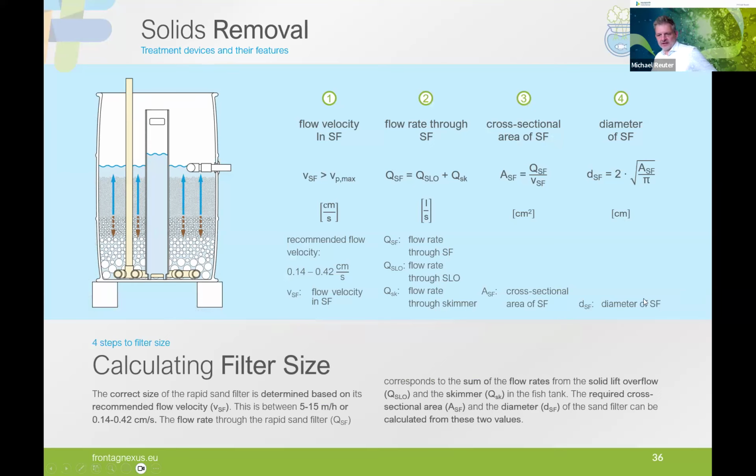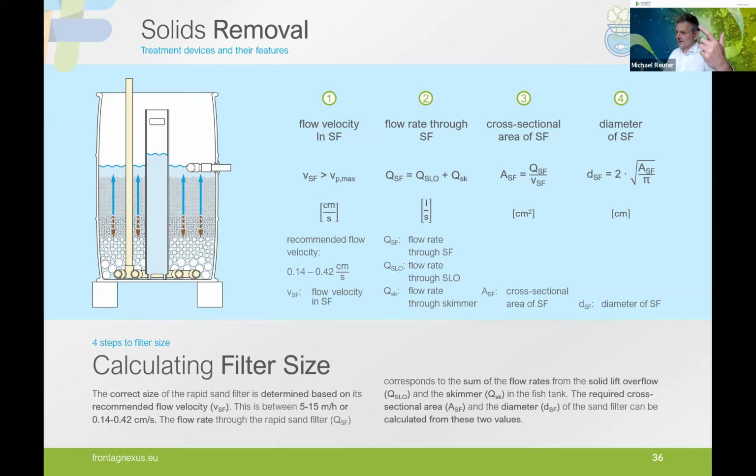Here we can also calculate the filter size, and usually the recommended flow velocity of rapid flow sand filters is about 0.14 to 0.42 centimeters per second as a flow velocity, and then again based on the total flow rate that we have. And in the sand filter, we usually recombine the flow of the skimmer from the fish tank and the radial upflow filter.